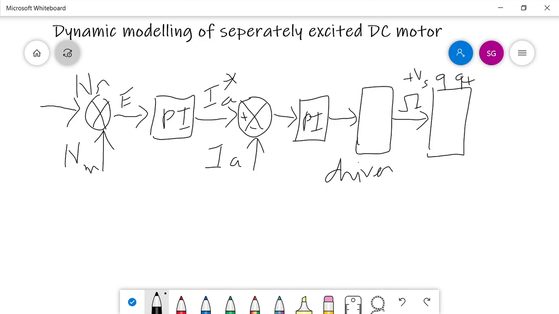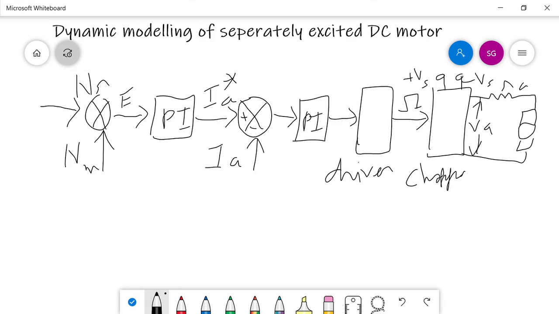This DC chopper is externally excited, so this is your chopper, and what this chopper does, it supplies the necessary VA across our DC motor. So this is your armature resistance, this is your field winding.